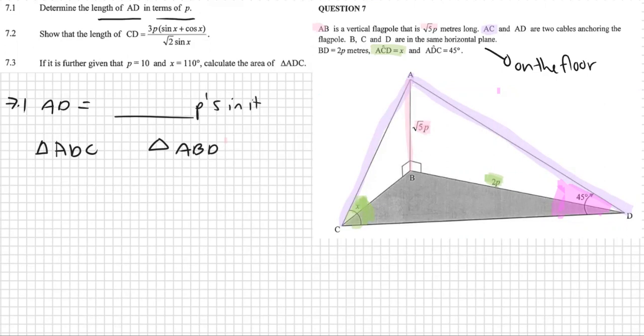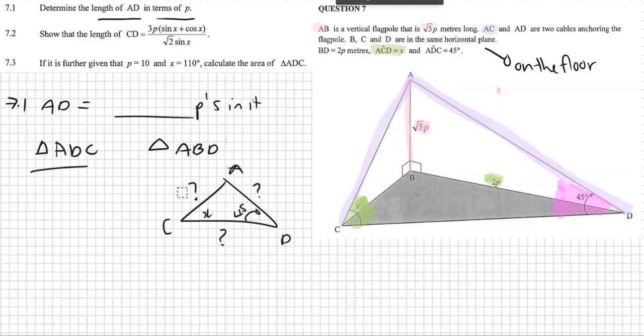If I look at the triangle ADC first, so that's the front one, we have a 45-degree angle, we have an unknown angle, but we have no lengths. So I wouldn't be tempted to use that triangle to answer this question, because there's just not enough information. So we look at the other triangle, ABD.